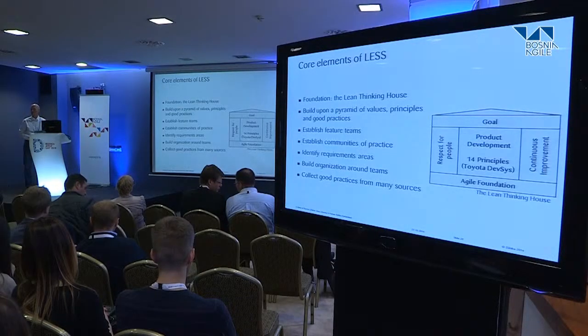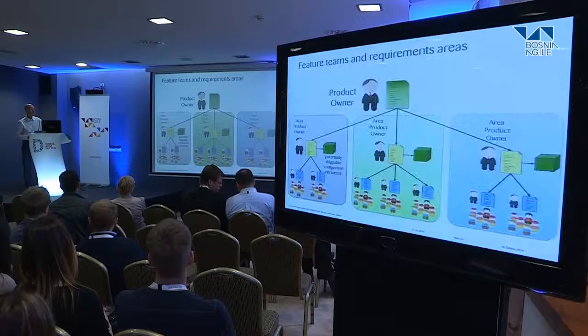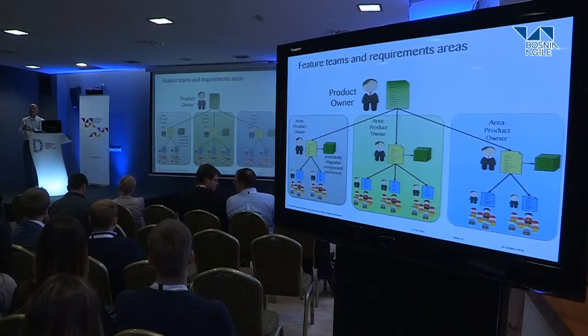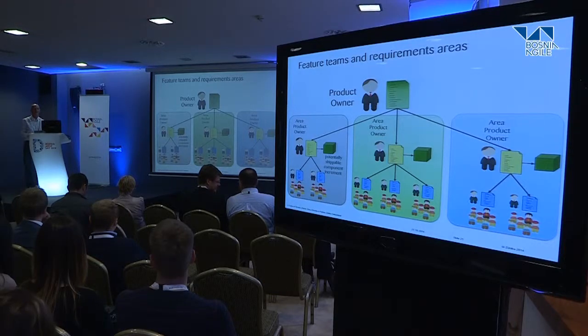So I established communities of practice as a second approach so I could foster competences, skills, and capabilities in my company. So he says, this is my first and most important structuring idea for organizations. I identify such requirements areas, and within such a requirements area I could substructure by features. My first structuring idea is on domain knowledge in this company, knowledge about a subtopic in my company, and I arrange people around these knowledge areas.